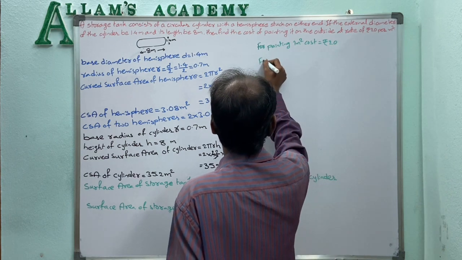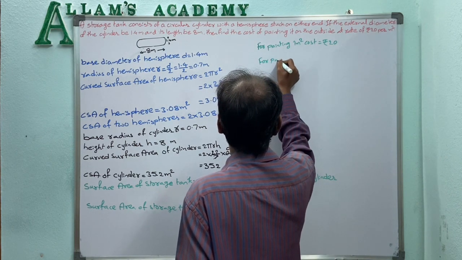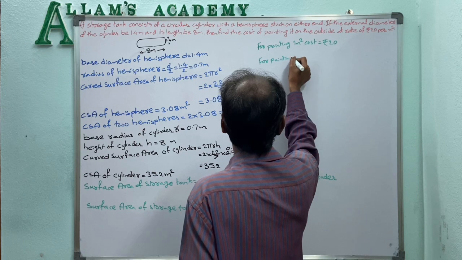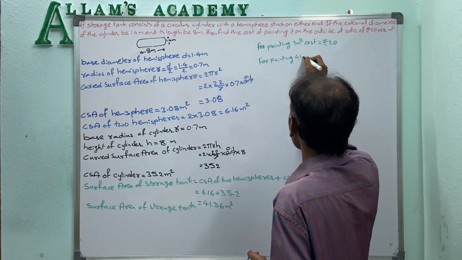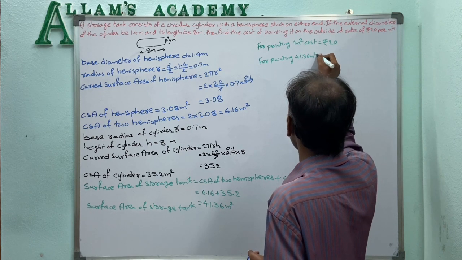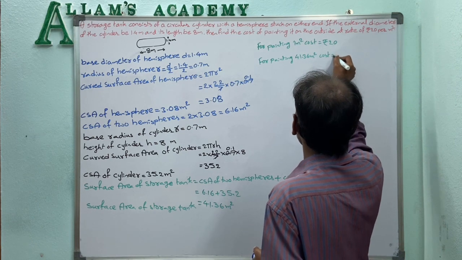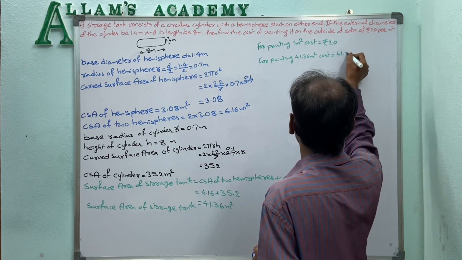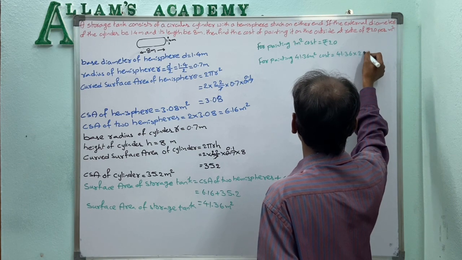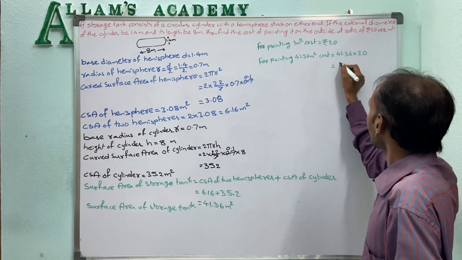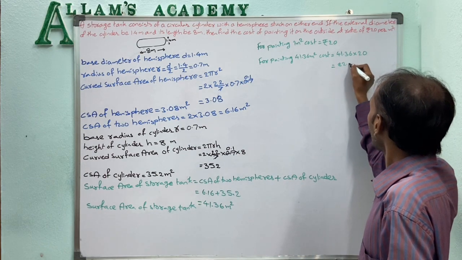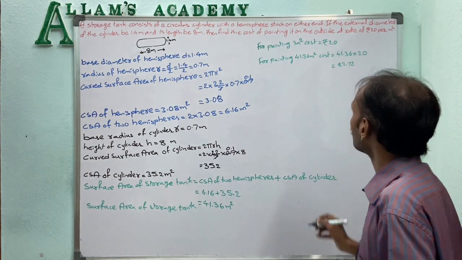So for painting these 41.36 meter squares, the cost equals 41.36 into 20, that is nothing but 82.72.